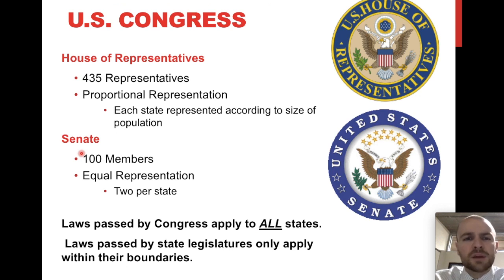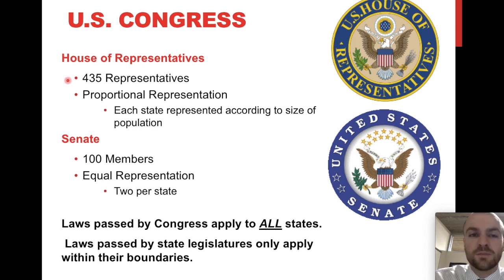So let's talk about what each one of those chambers looks like. Our House of Representatives has 435 members. This number is set in stone. It's not going to change unless, of course, there's an amendment to the Constitution.